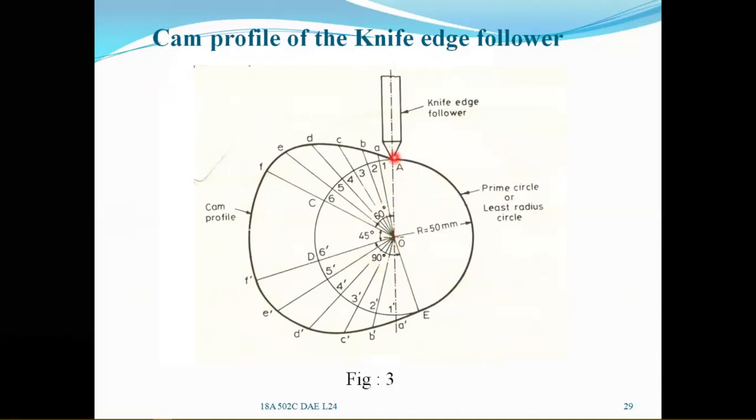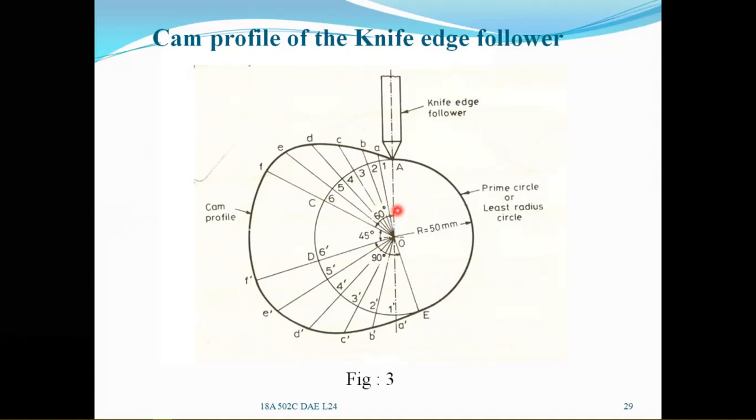It means from OA mark 60 degrees, which represents the outstroke of the follower, that means A to C is 60 degrees, and C to D represents the dwell period, and D to E is 90 degrees, which is equal to the return stroke of the follower.